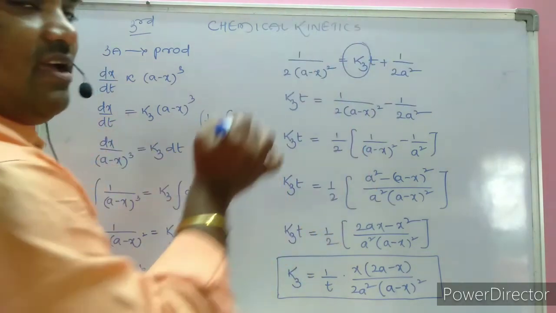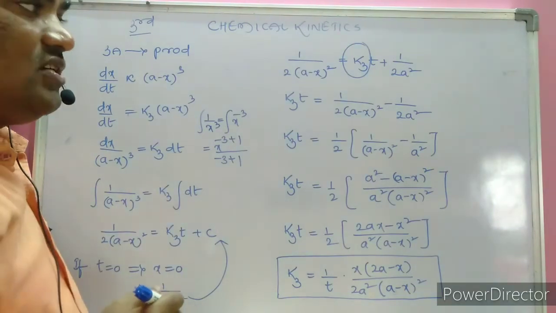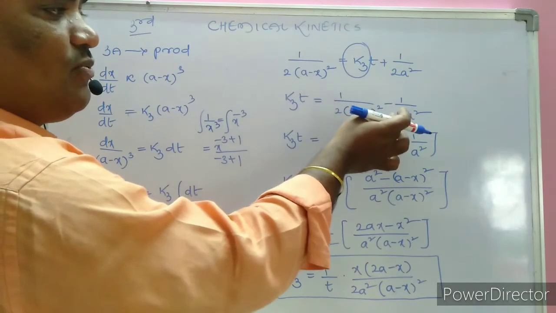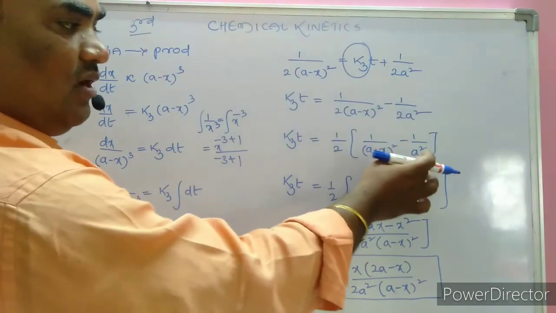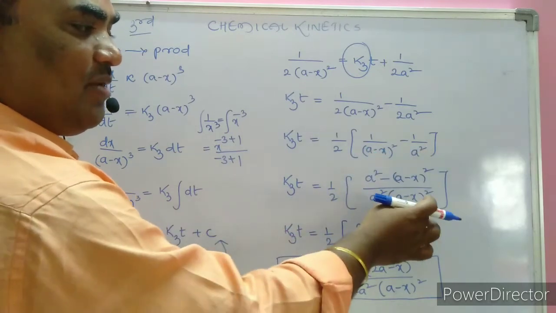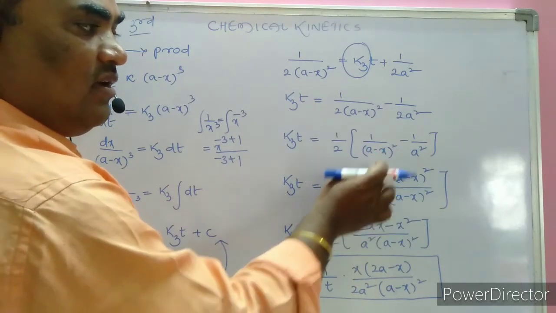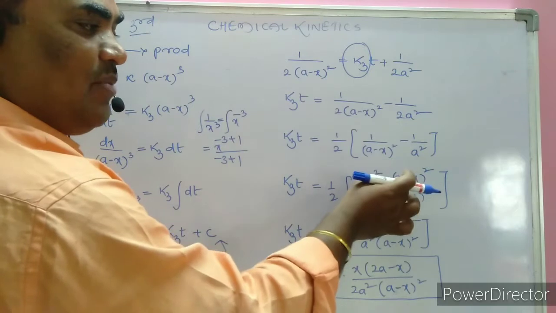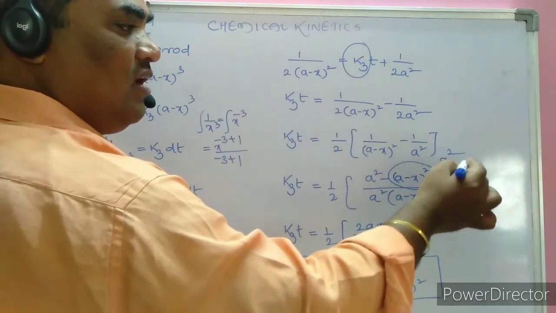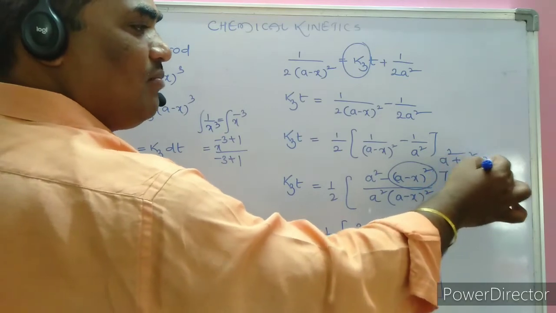Our aim is to derive an expression for the specific rate constant K3. K3t equals, the plus is sent to the opposite side and becomes minus, 2 is taken out, and the LCM is a square into (A minus x) whole square. The numerator is a square minus (A minus x) whole square, which can be expanded as (a minus b) whole square: a square plus b square minus 2ab.